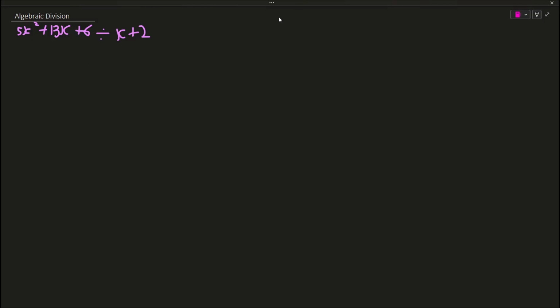So let's say you get a question such as this: 5x squared plus 13x plus 6 divided by x plus 2. And we're trying to find the answer to that. So we're going to use the bus stop method, just as you would in normal long division.